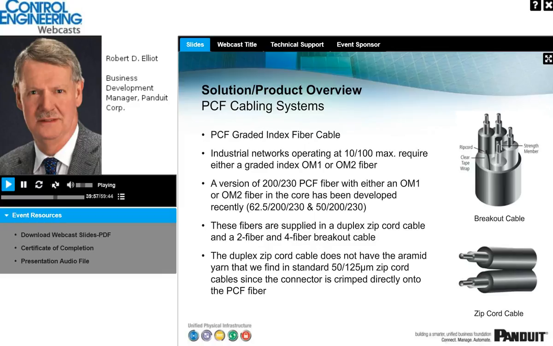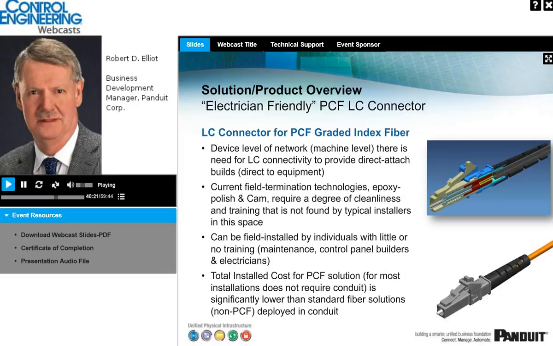Typically, it's used at lower data rates, 10-100. And typically, we've seen it used for OM1 legacy installations and OM2. You can get these in so-called breakout cables, 2 or 4 fiber. They're also supplied in a duplex zip cord that you can see on the bottom right-hand side there.